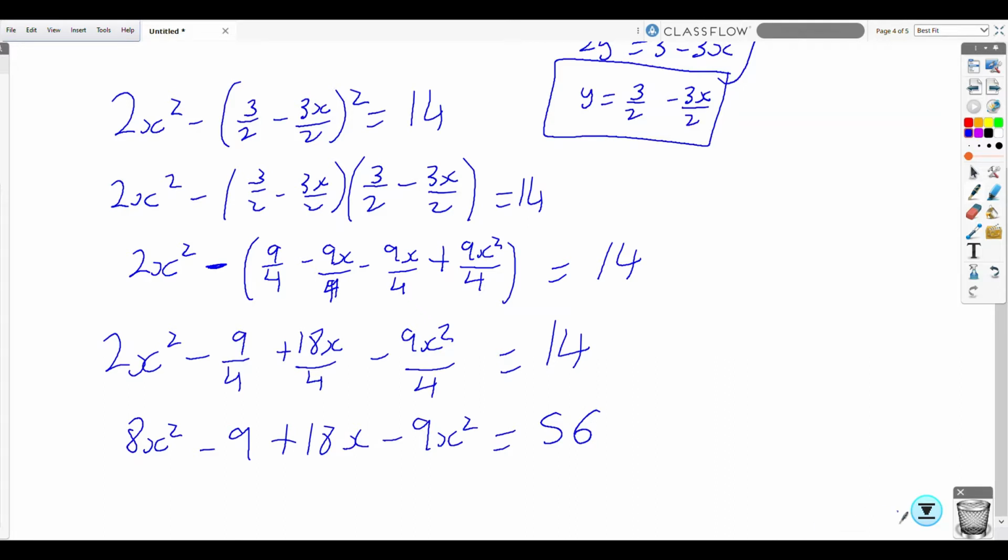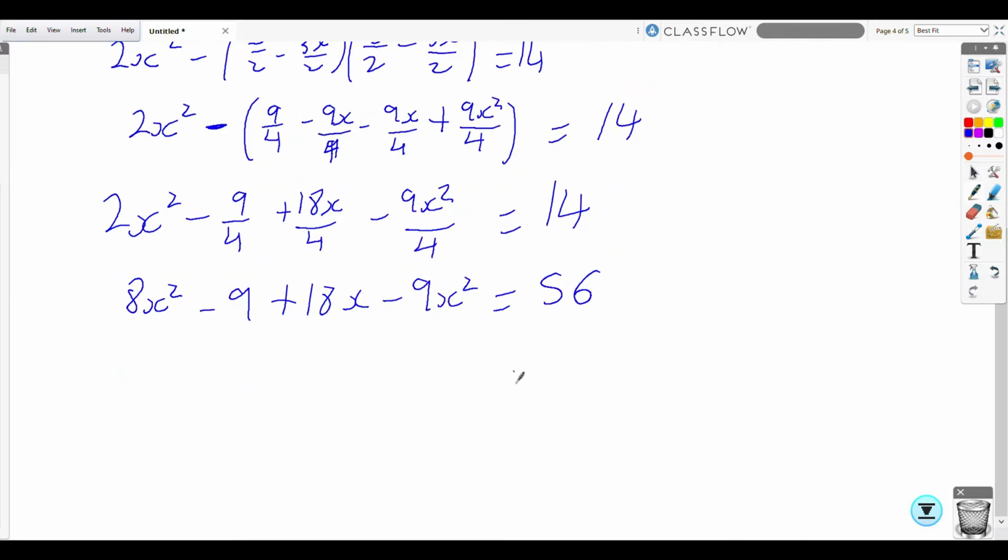Next, we want to try and rearrange things so we have the x squareds on one side. 8x squared minus 9x squared will give me a minus x squared plus 18x minus 9 equals 56. I want to get a positive x, so I'm going to take everything to the right hand side. So if I add the x squared, I get a positive x squared. I then get a minus 18x, and then I'm adding 9, so that's a plus 63. No, sorry, plus 65.